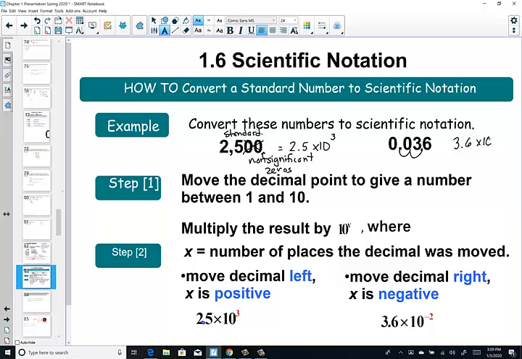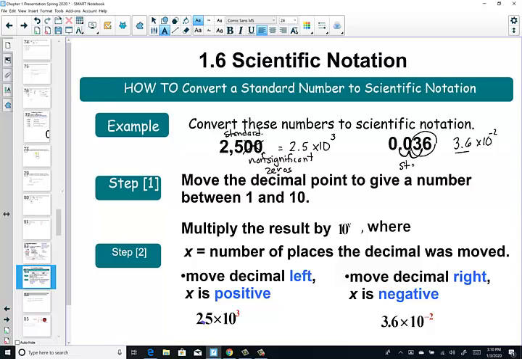We have the times 10, and it's going to be raised to an exponent to tell us how many digits we moved the decimal. We moved it 2 places to the right, meaning that number is very small. We need a negative exponent. We have 2 sig figs in this number. We report 2 sig figs in the scientific notation as well.